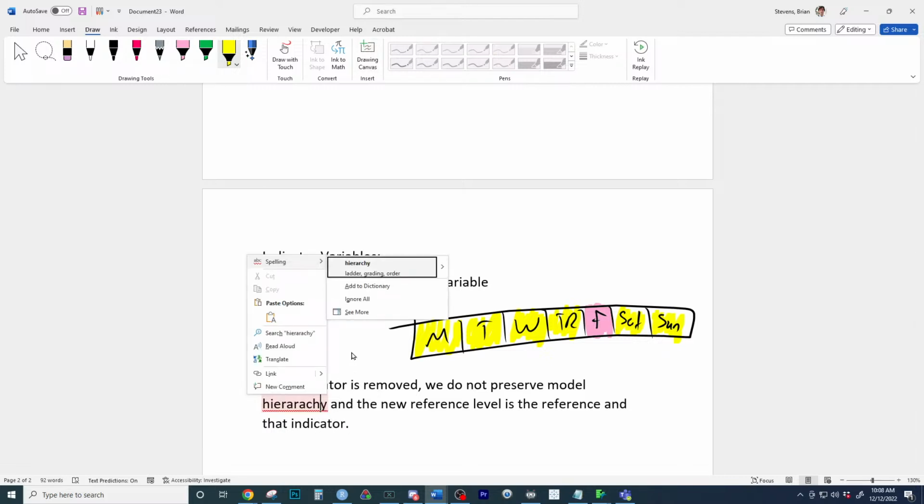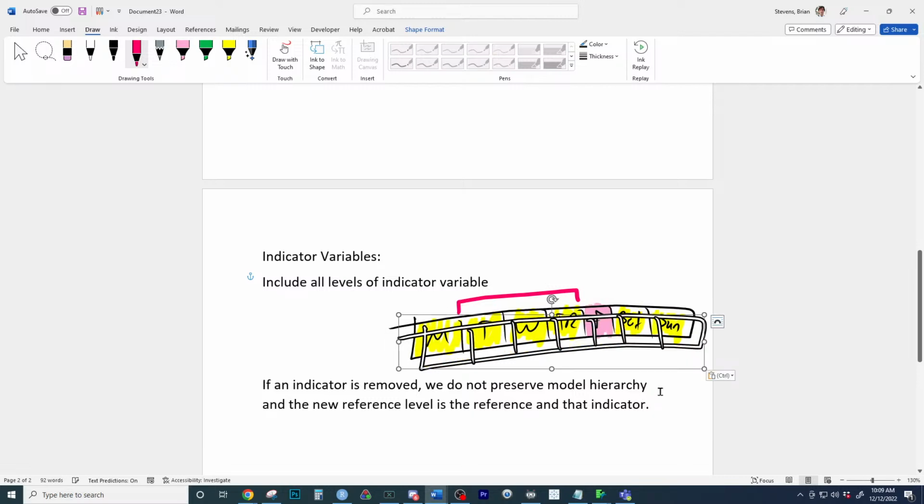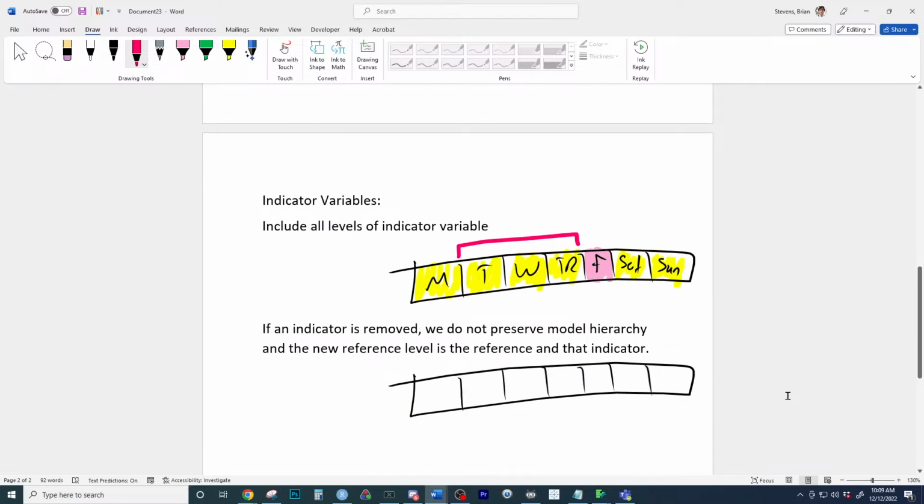So with this right here, if we were to remove something like Tuesday, Wednesday, Thursday, then what would happen to this model right here? What would happen is we would have the new reference level of all these days. And then there would be indicators for the following.